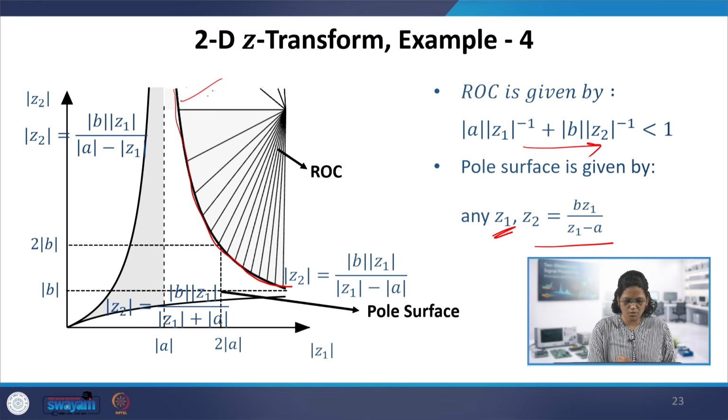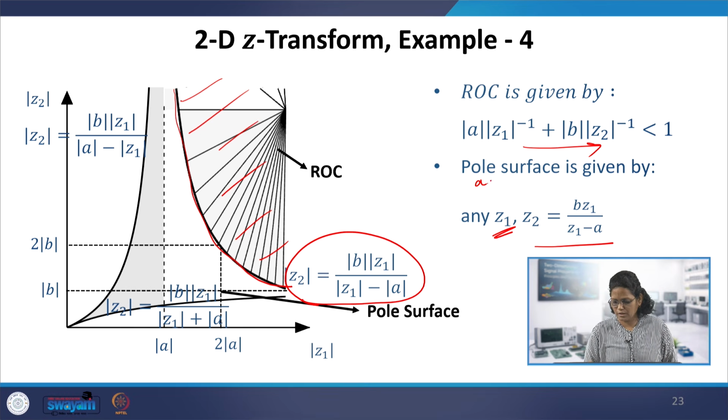Okay, so the ROC is this portion; it is not a straight line, and it is not the case of a dotted portion of it. So this z2 results in a curve, z2 equal to b z1 by (z1 minus a). This curve represents the equation of the ROC.